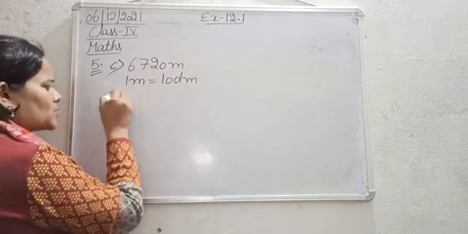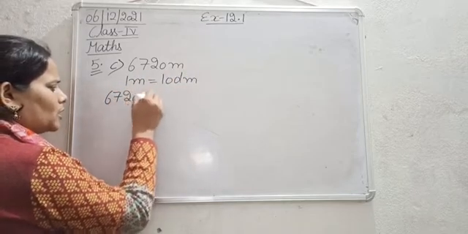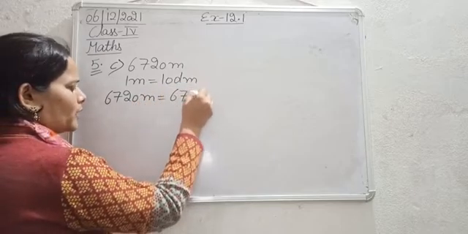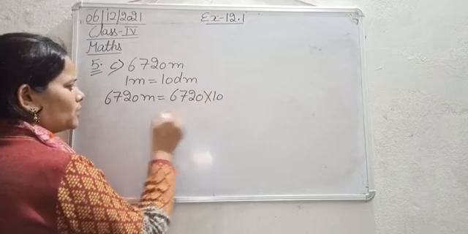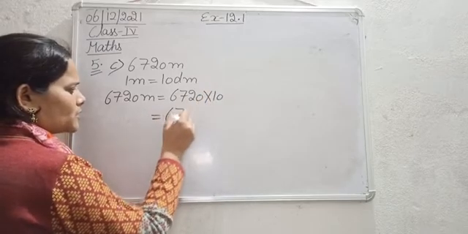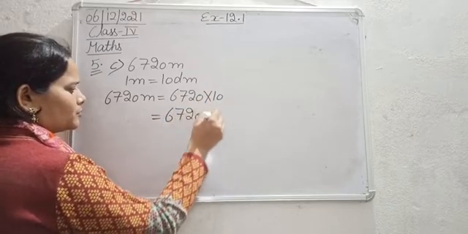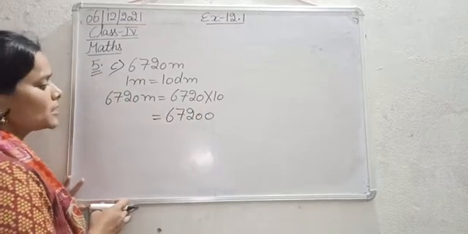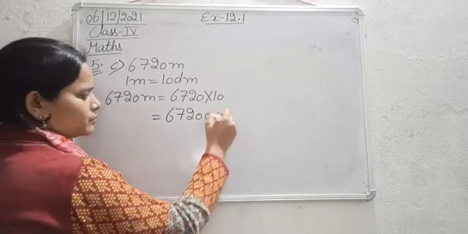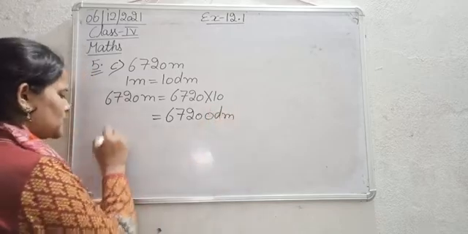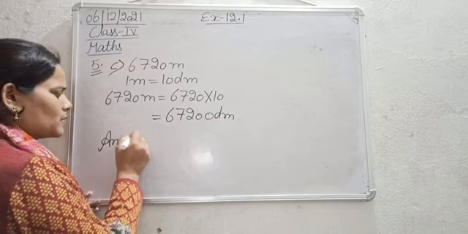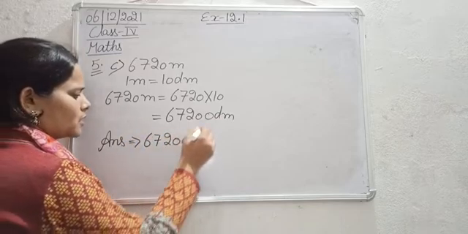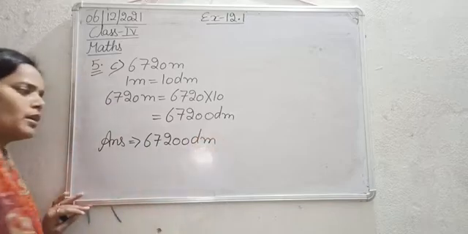So 6720 meter is equal to 6720 into 10, that is 67,200 decimeter. So the answer is 67,200 decimeter.